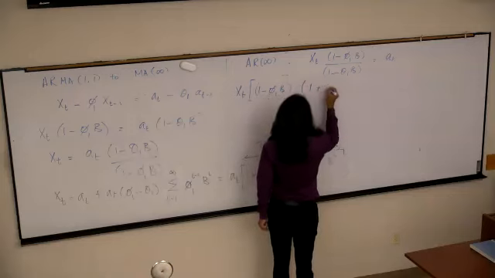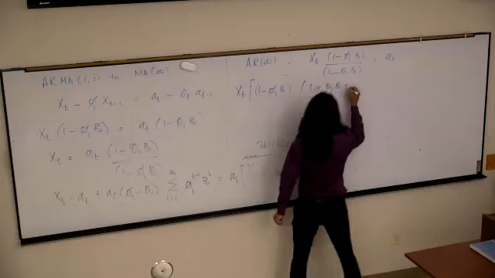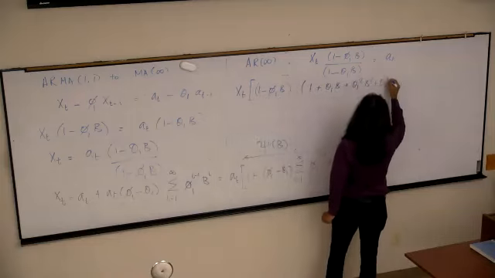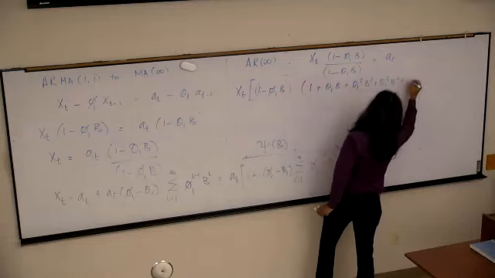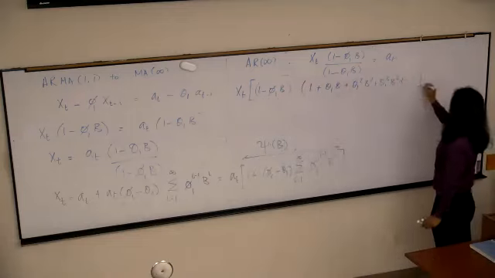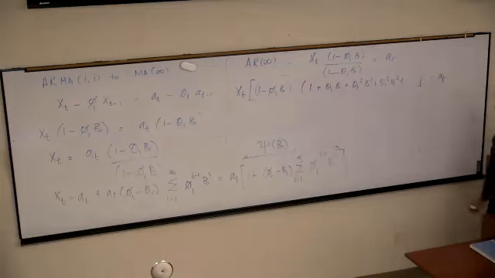So I'll have 1 plus theta1 B plus theta1 squared B squared, theta1 cubed B cubed, plus dot dot dot, equals A sub t.